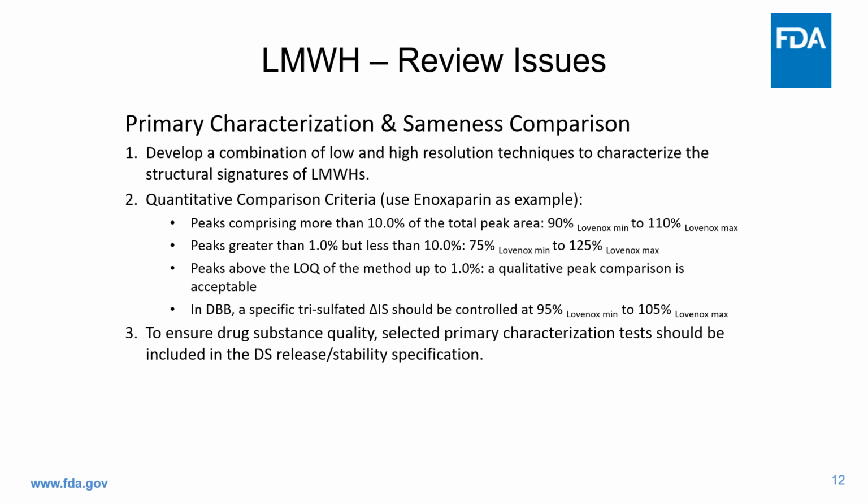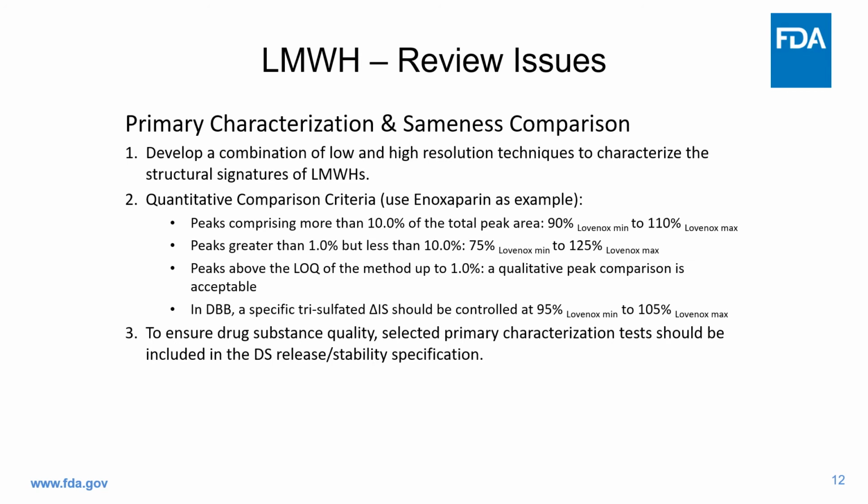Use enoxaparin as an example for fingerprint chromatography peaks comprising more than 10% of the total peak area. We would accept the range of 90% of the RLD Lovenox minimum to 110% of Lovenox maximum.